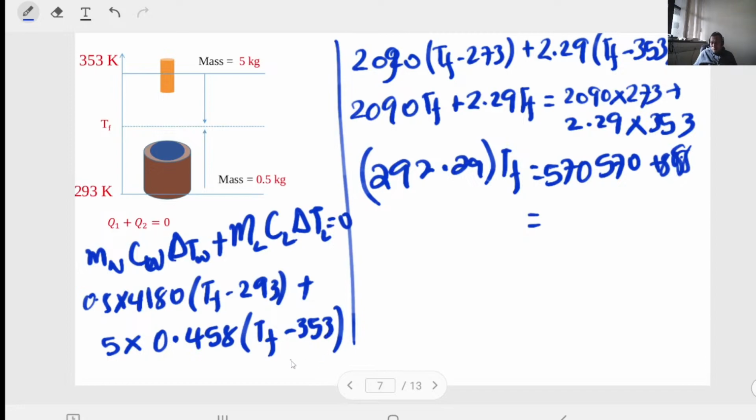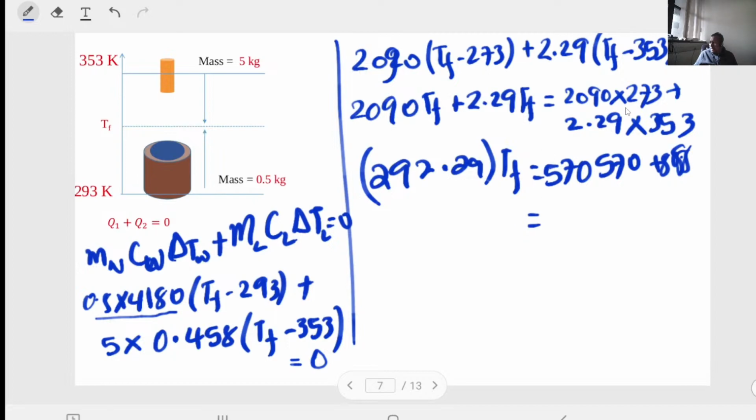This must be equal to 0. Then the multiplication between these two is 2090, T final minus 273. The multiplication between that and that, I got 2.29, which equals 0. If we resolve that way, what I get here is 2717.